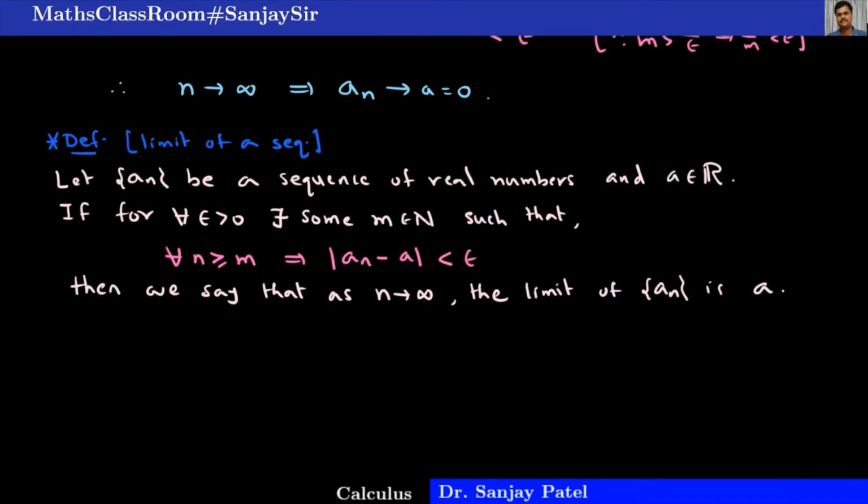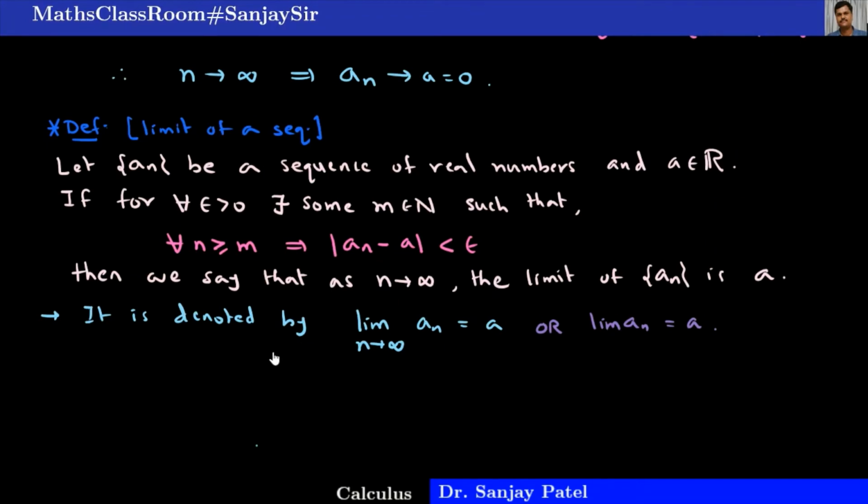It is denoted by limit n tends to infinity an is equal to a, or we can also write limit an is equal to a.